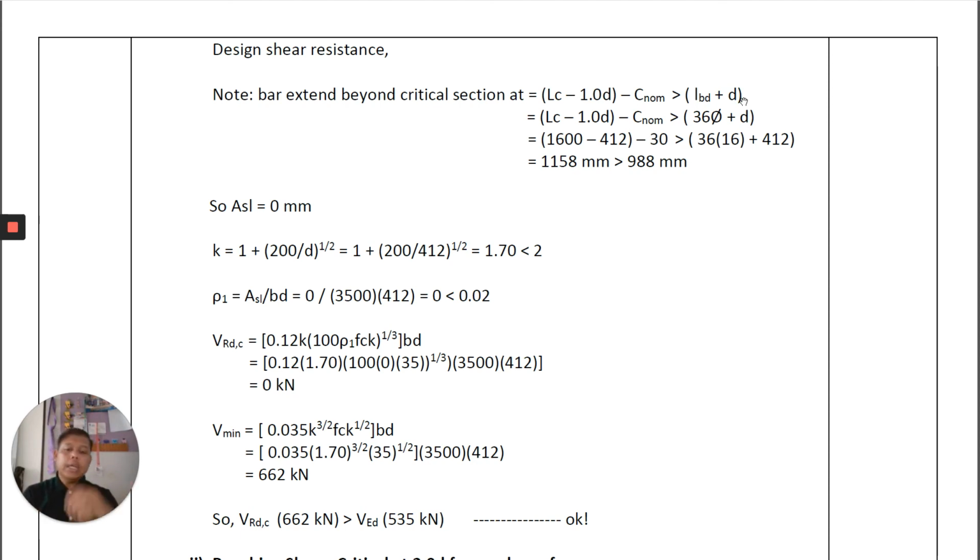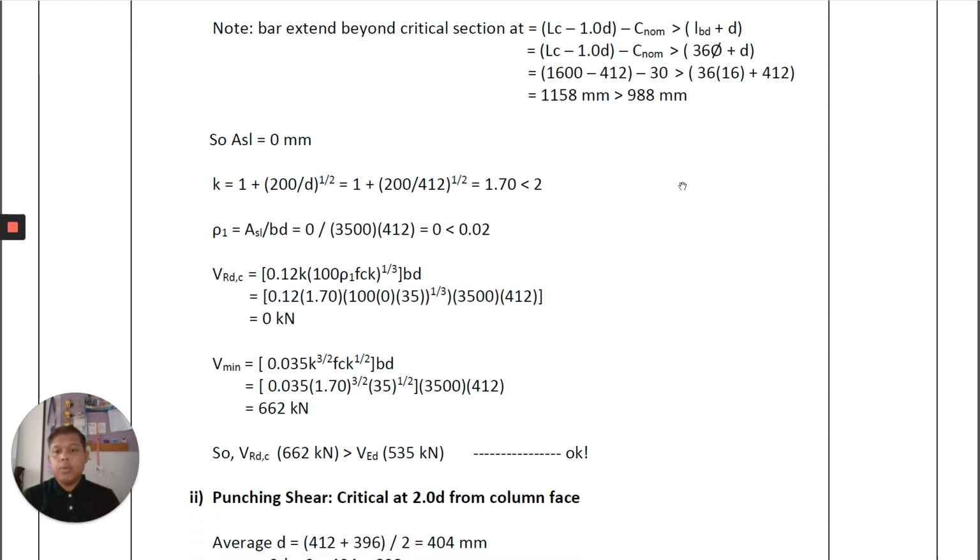Therefore, the allowable required area of the reinforcement is 0. So if we need it, we have to provide the reinforcement based on the new calculation. Okay, so in this condition, we get the answer is more than the required, so it means that no need for us to extend beyond the critical section. Then we provide the allowable area of the reinforcement as 0.